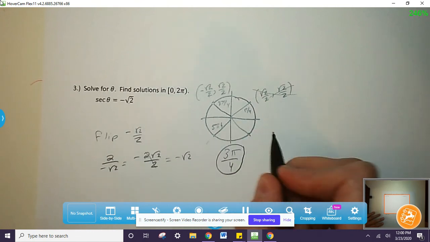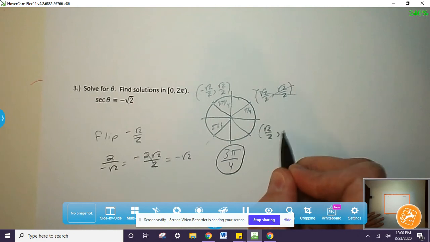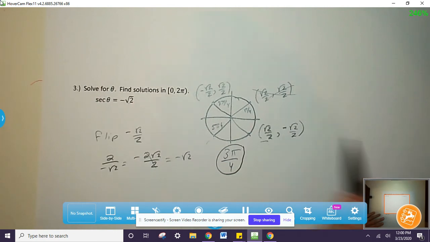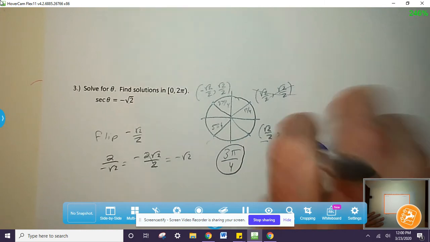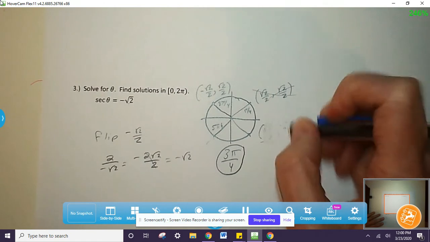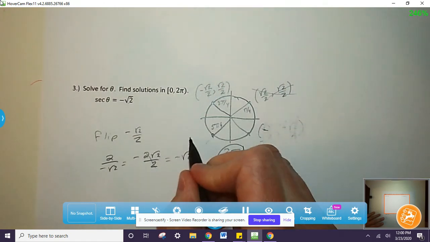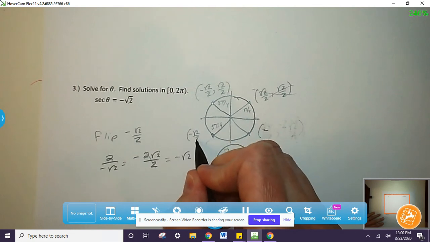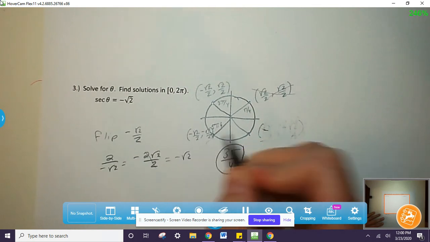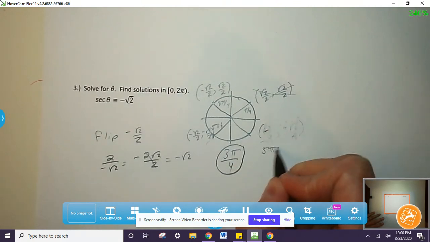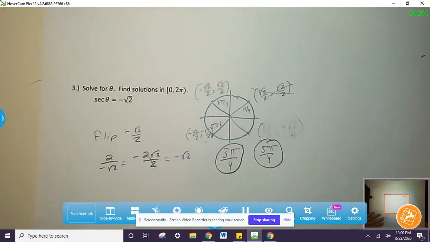But if you go over here to 7 pi over 4, and you flip, well, I just did that incorrectly. 7 pi over 4 does not work. 5 pi over 4 does work. Sorry about that. So the ordered pair at 5 pi over 4 does have a negative radical 2 over 2 for the x coordinate. And if you flip that, you get negative radical 2. So the answers are 3 pi over 4 and 5 pi over 4, same answers as the other method.